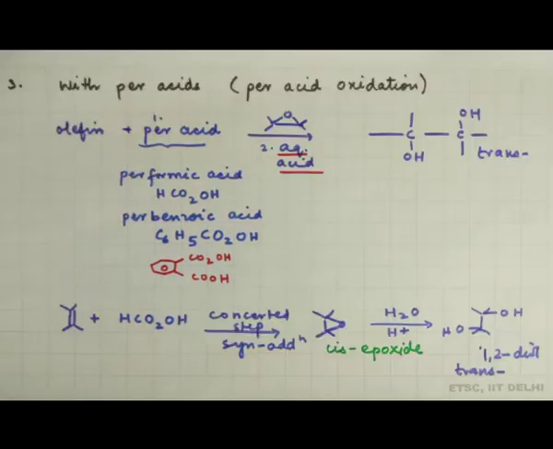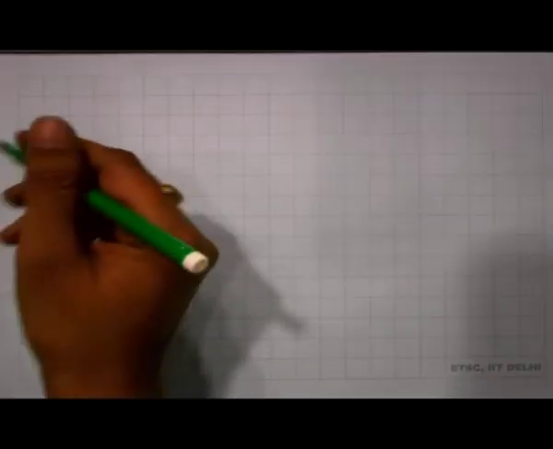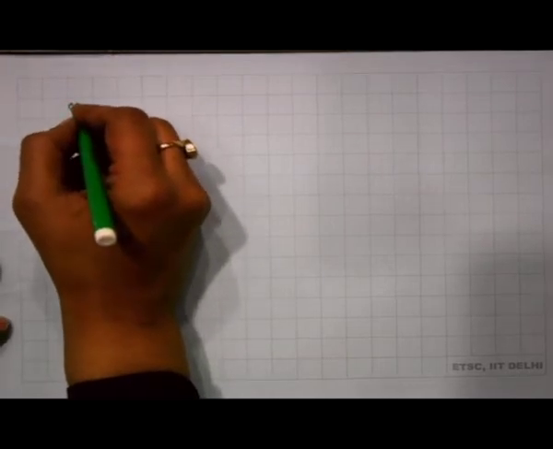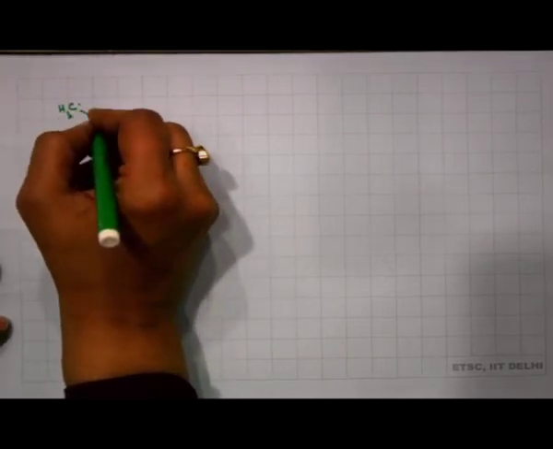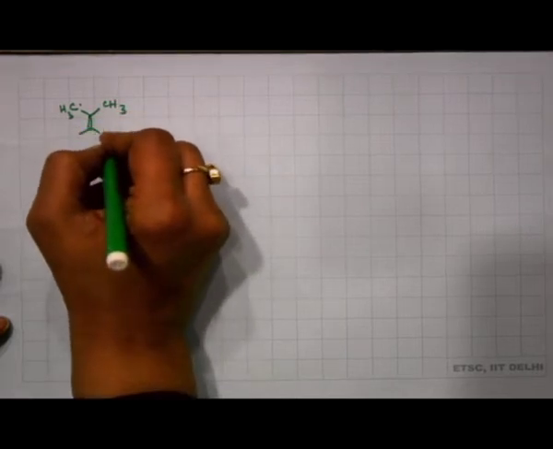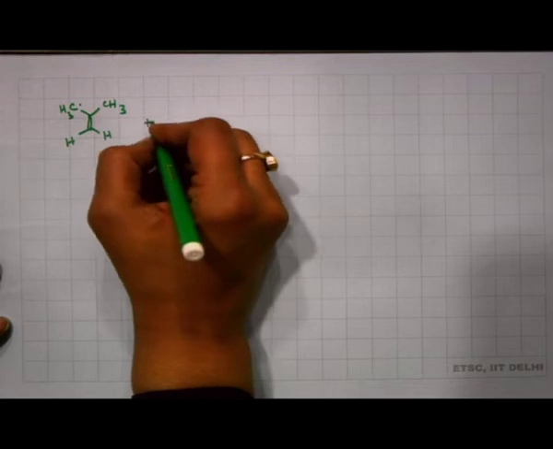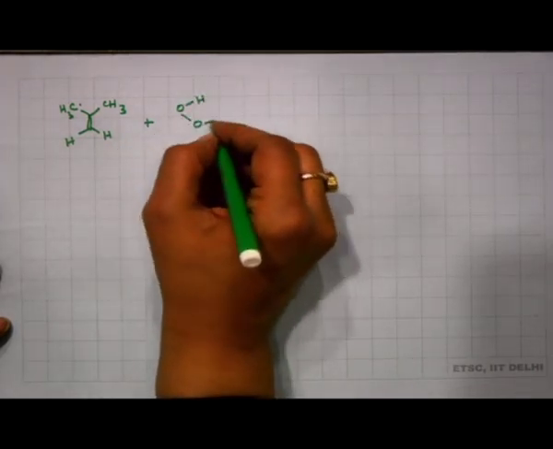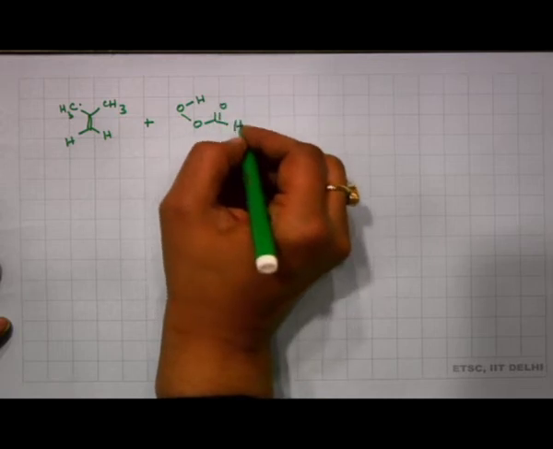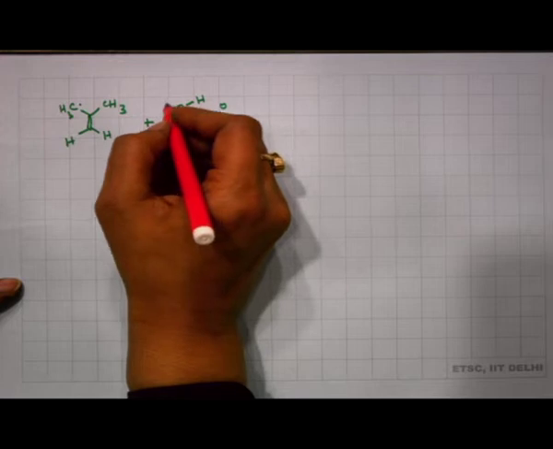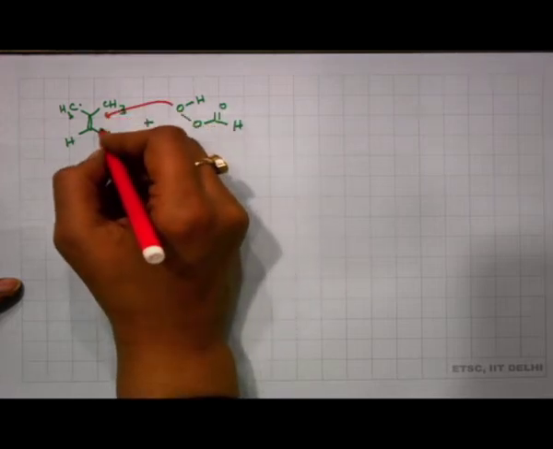relationship with each other. Okay, so let us understand the mechanism of this oxidation. If you start with an unsymmetrical olefin, and you treat it with the per acid, the first step is the epoxidation, which is a cis addition.